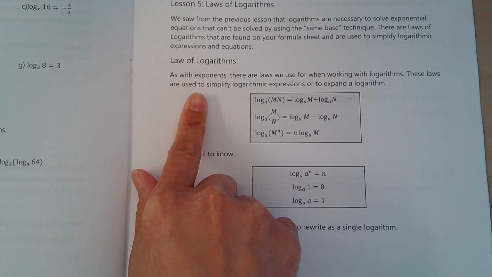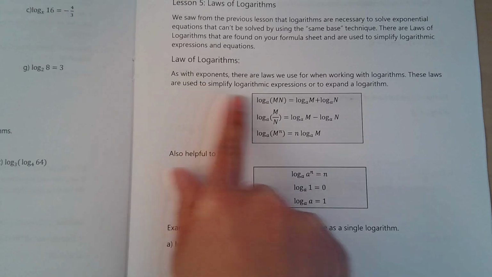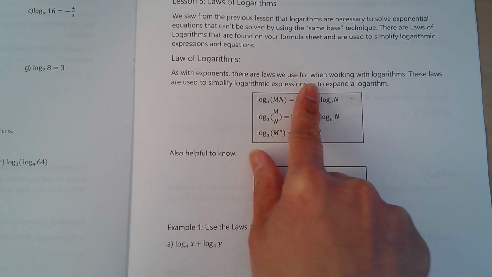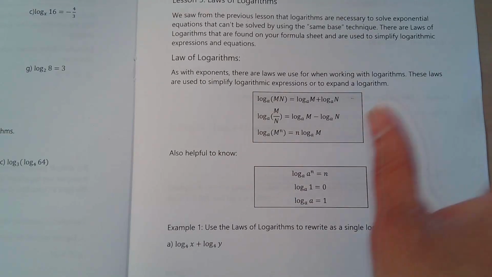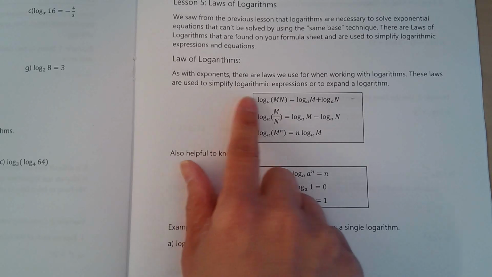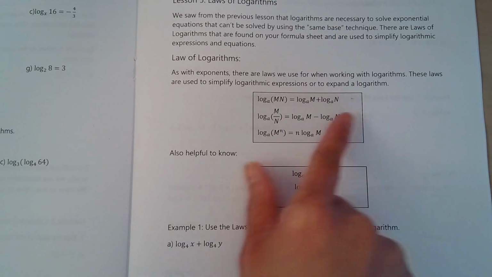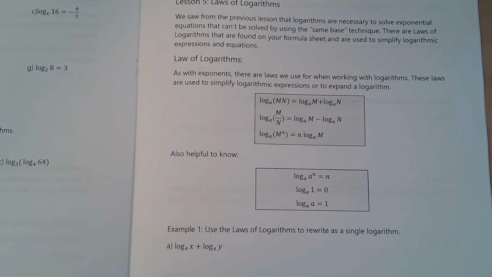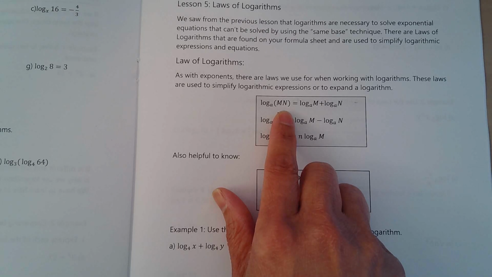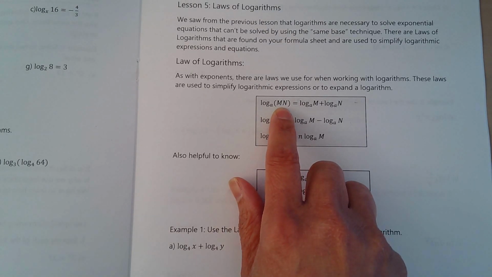So laws of logarithm. As with exponents, we have exponent laws, and we use them when working with logarithms. So this is connected to the exponent laws that we've used before. These laws are used to simplify logarithm expressions or to expand logarithm expressions. The first one here is log of m times n base a. If you focus on this one, it's m times n.